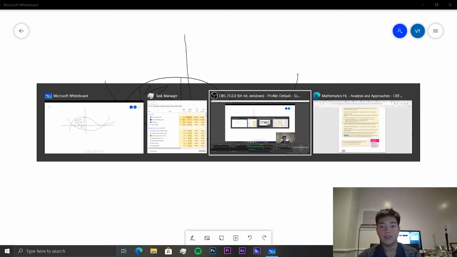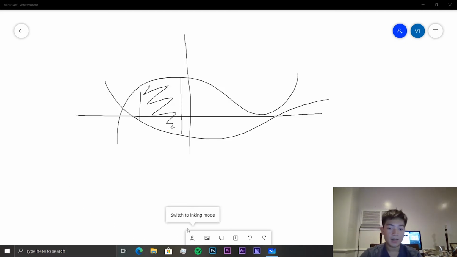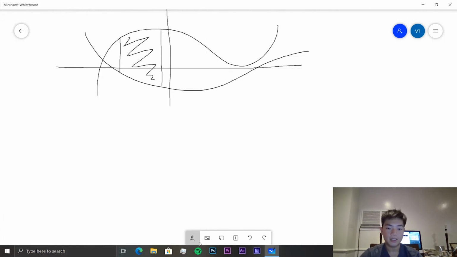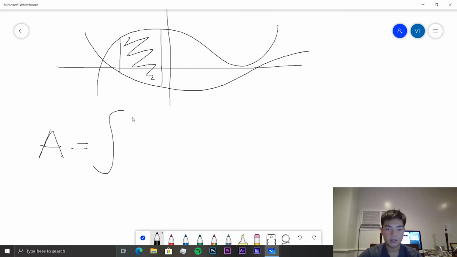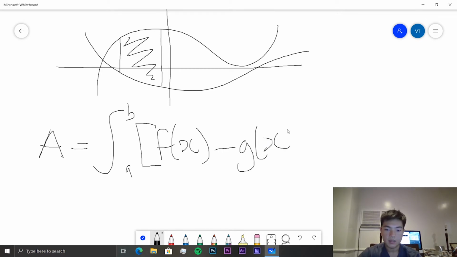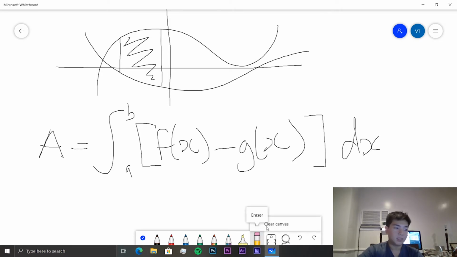So the area between the graphs is equal to the difference between the integrals, or just the integral of the difference between the functions. And usually this is the absolute value of this, just so we're clear that the total area is positive and not negative. So with that being said, we can now jump into some questions.